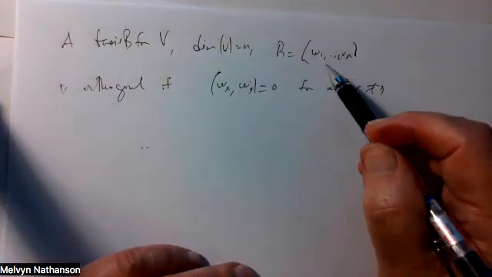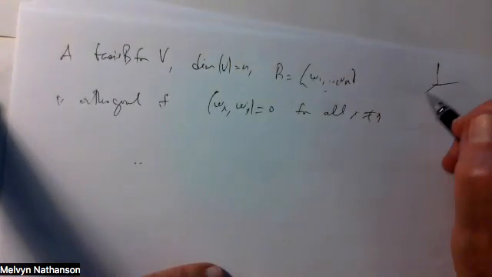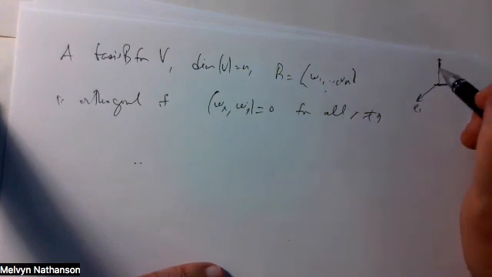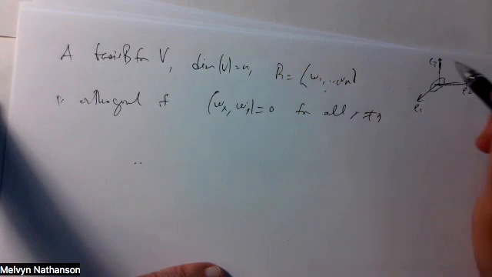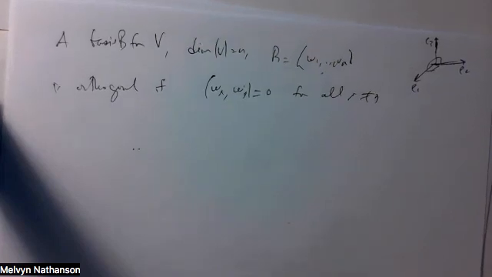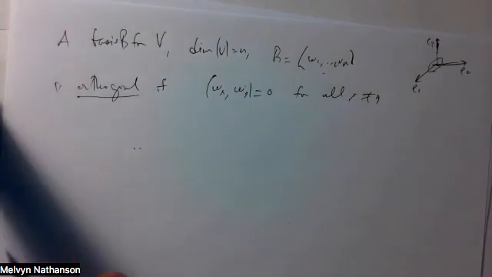So that means in this basis, the vectors are all perpendicular to each other. So for example, in R^3, this is e_1, this is e_2, and this is e_3. These three vectors are mutually perpendicular. That's an orthogonal basis. And so it's important and useful to be able to say when two vectors are perpendicular to each other in a vector space, and in an inner product space, the definition of perpendicular or orthogonal is that the inner product is 0.